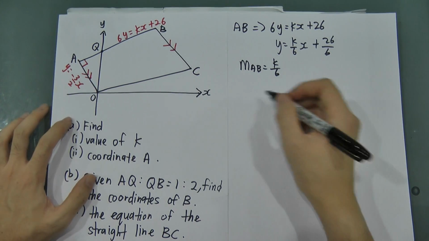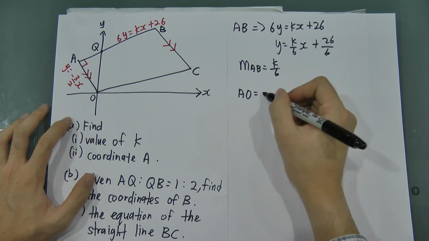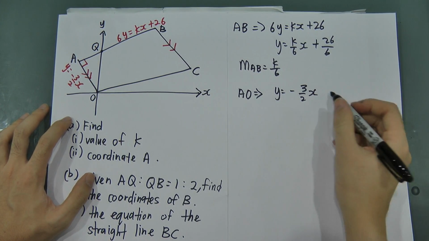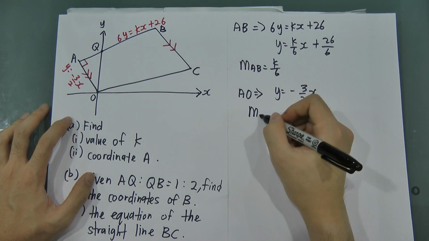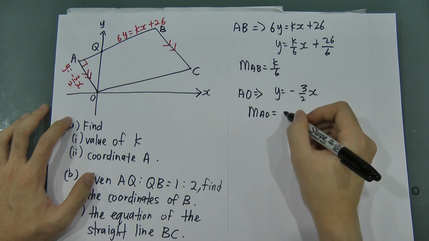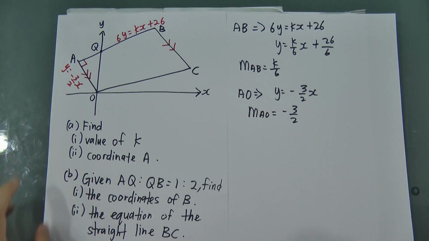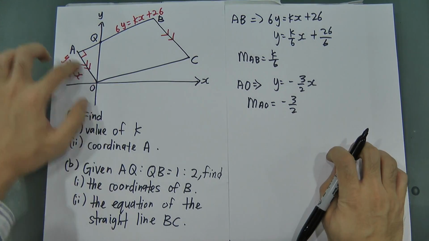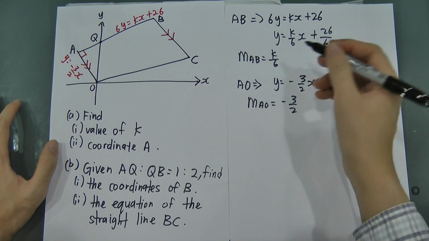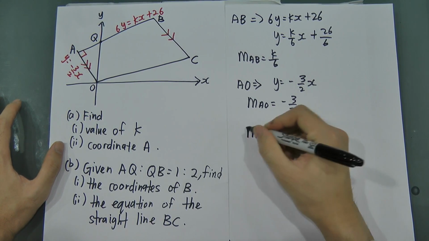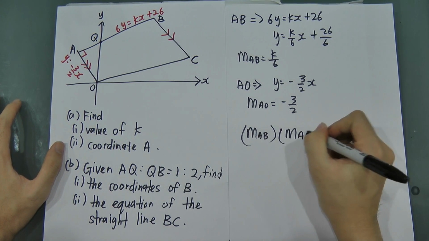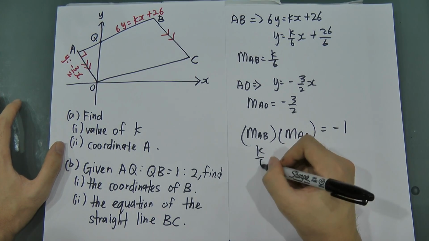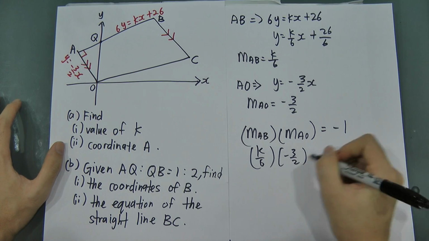Then I got the equation for AO, or you can call it OA: y equals negative 3 over 2 x. It does not have c, c is 0. So the gradient for AO over here is negative 3 over 2. Because of the perpendicular symbol, the gradient of AB multiplied by the gradient of AO will equal negative 1. So k over 6 multiplied by negative 3 over 2 equals negative 1.